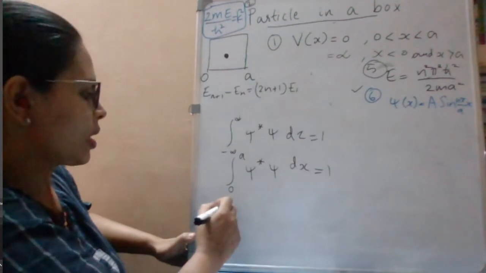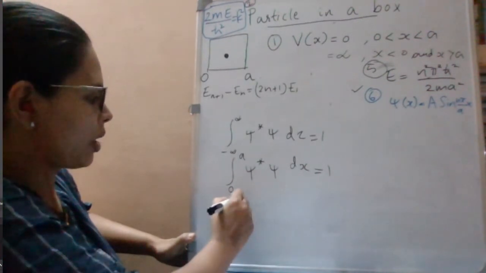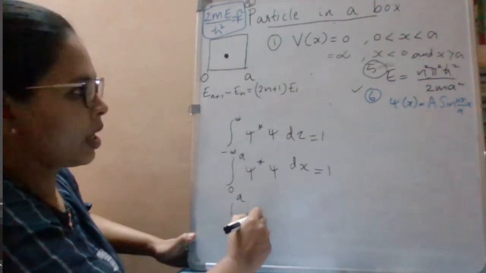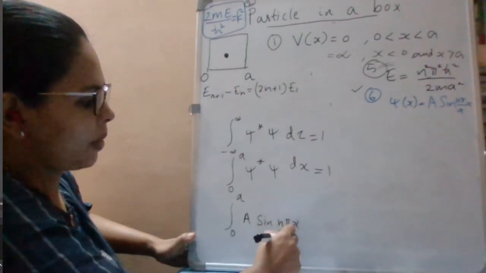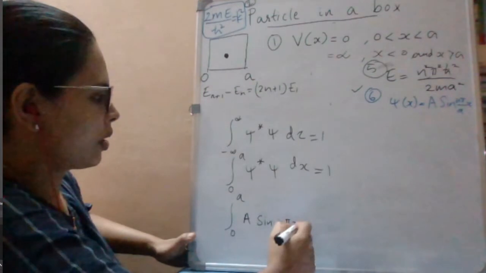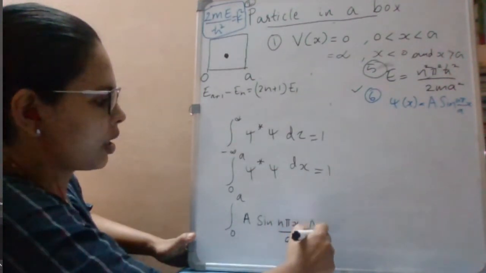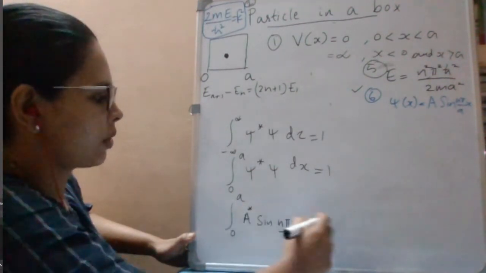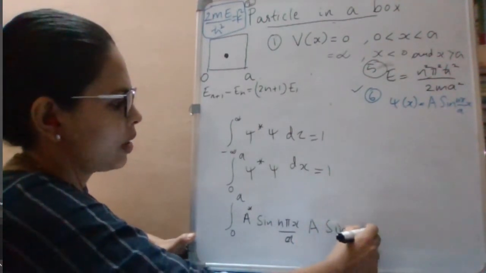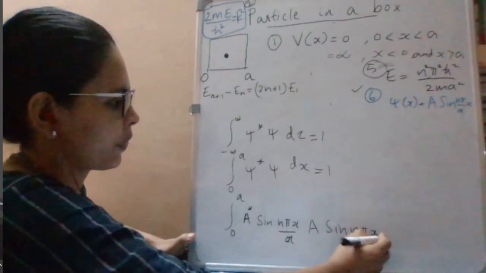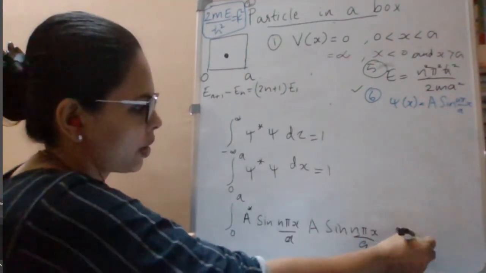So let us apply the condition: integral 0 to a of A sine n pi x by a, then psi star is again A sine n pi x by a, dx is equal to 1.